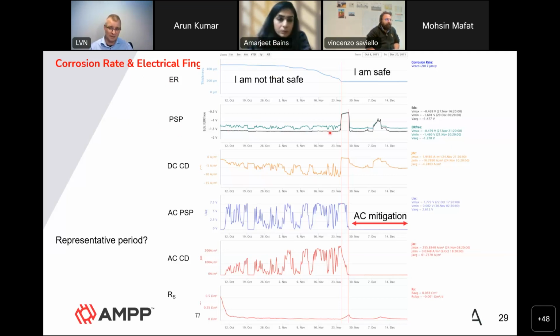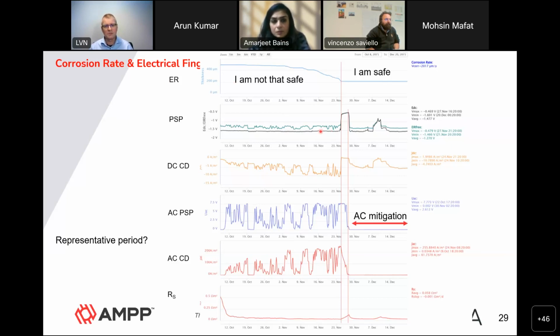And one of the points here with using the corrosion rate technique is that if you, in this case, had only pipe to soil measurements, you would just lean back and say, I have no problem. But actually, you do have a problem.